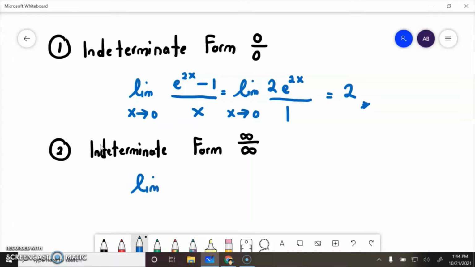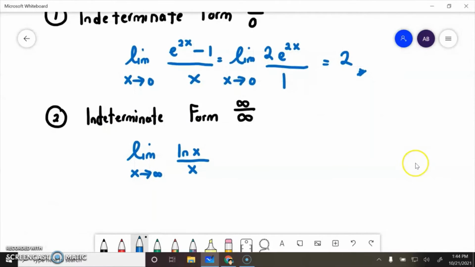Let's say we have limit x approaches infinity of ln x over x. By direct substitution, ln infinity gives infinity, and x is infinity, so this gives infinity over infinity. This is not quite the correct way to do it, so you apply L'Hôpital's Rule.